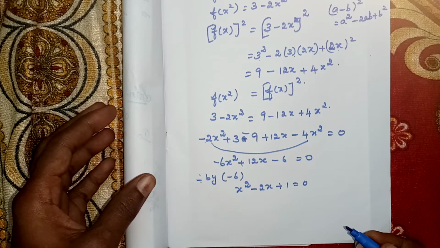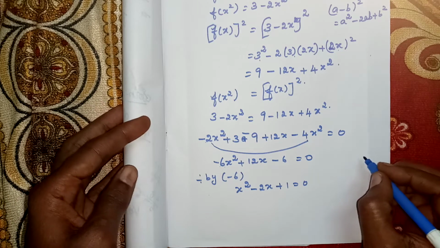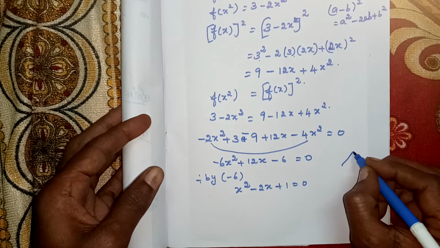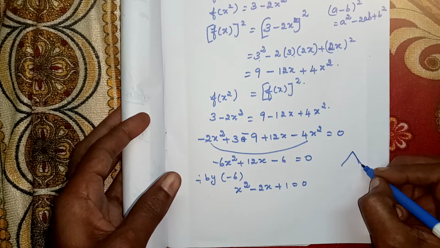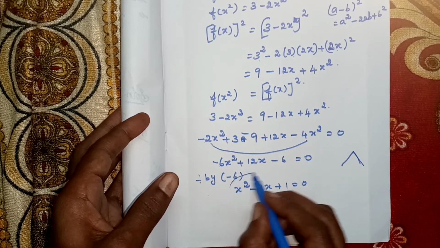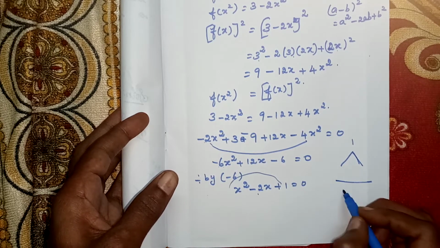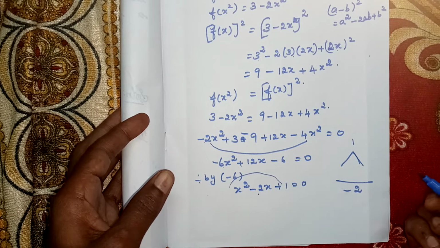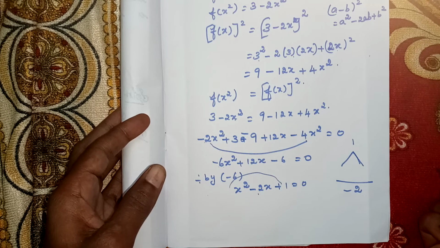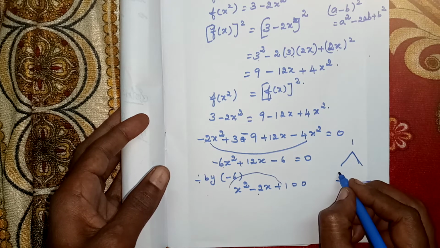Clear this? It is a quadratic equation. Already you have learned solving quadratic equations. How do we solve a quadratic equation? Multiplying to get 1, adding to get minus 2. What are the numbers? We have to find two factors.